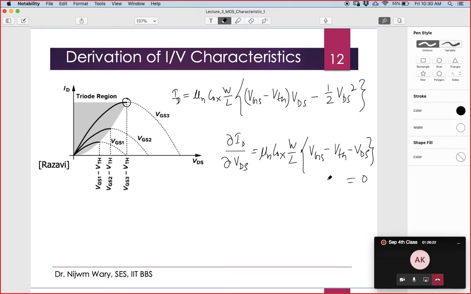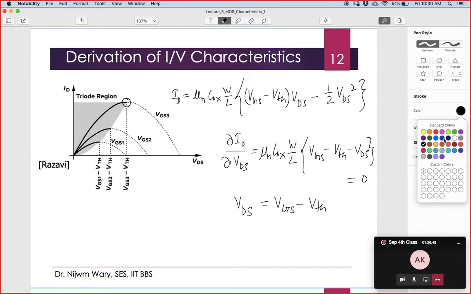we'll get this point where, if this is 0, VDS is equal to VGS minus VTH, right? So whenever VDS is equal to VGS minus VTH, we get this maximum point of the parabola.